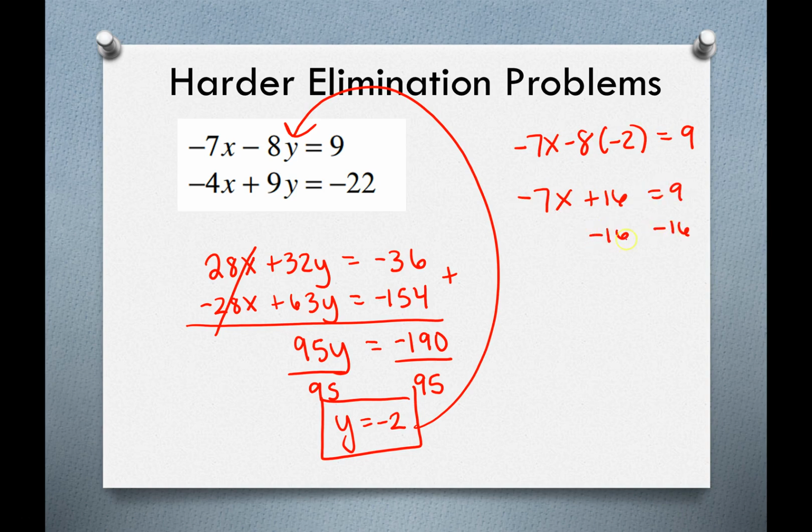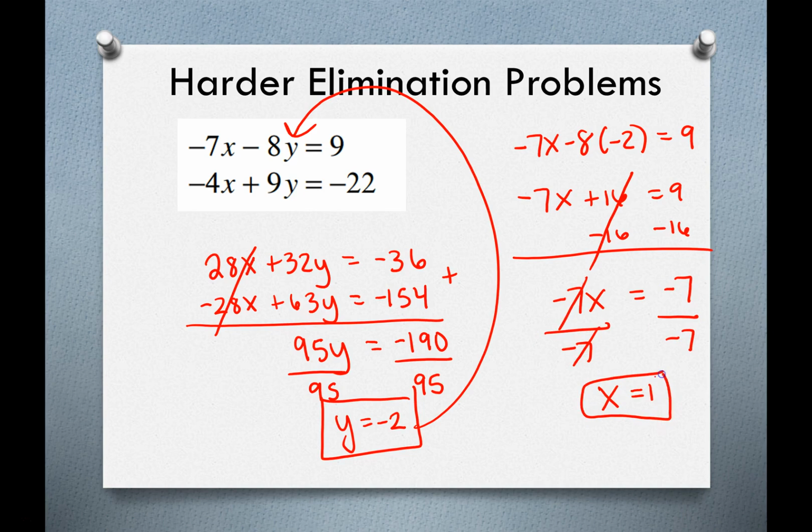Subtract 16. 9 minus 16 is negative 7, so I get negative 7x equals negative 7. Divide by negative 7 on both sides, and I am left with x equals 1. That works as an answer, or you could write it as a coordinate as (1, negative 2).